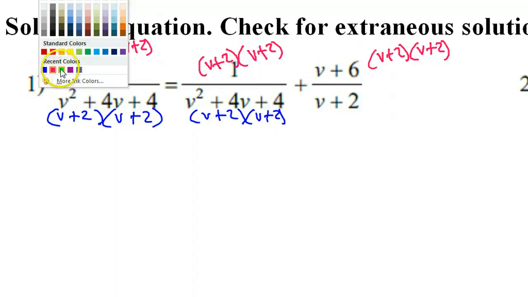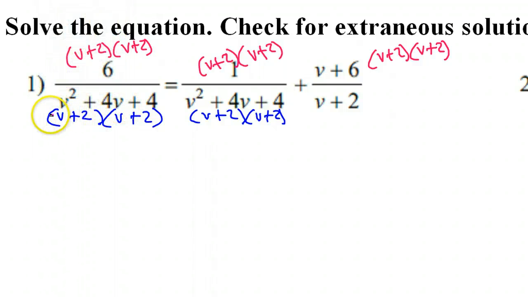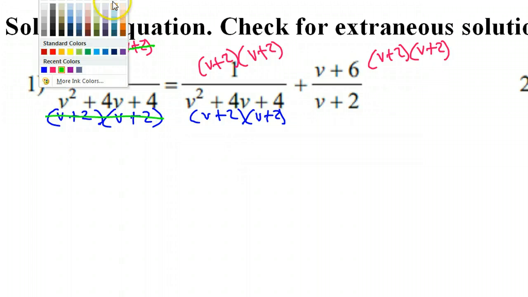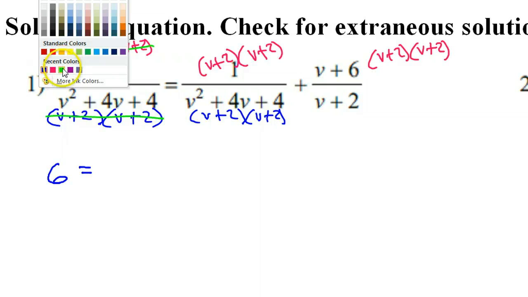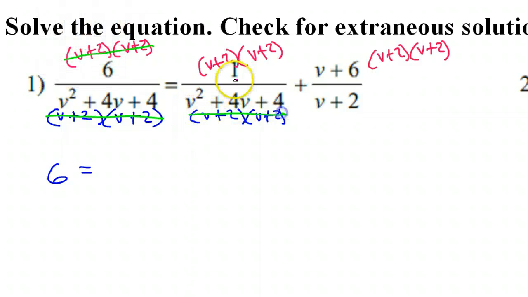So now I'm going to cancel out anything that I can. In the first fraction, both of the v plus 2's cancel out. That's going to leave 6. In the second fraction, all of the v plus 2's cancel out.